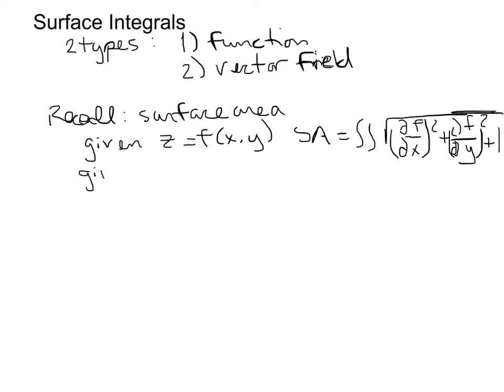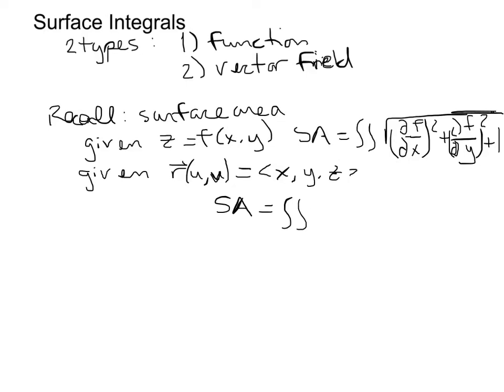If we were given a vector description for the surface, and also remember that if we describe a surface with a vector, with a parameterization, we need two variables in it. So if we describe it with a vector with some x component, a y component, and a z component, and those three components would all have to be in terms of u and v, then the surface area would be calculated by taking a double integral of the magnitude of the cross product of the derivatives of the vector.